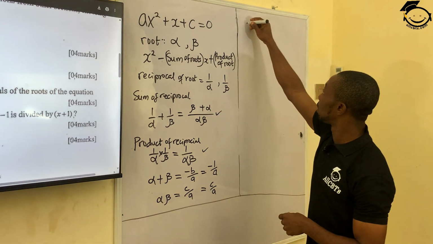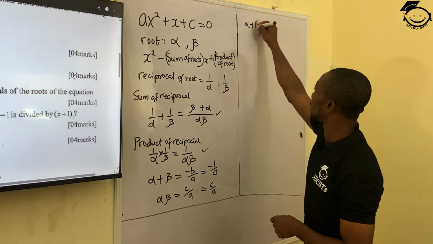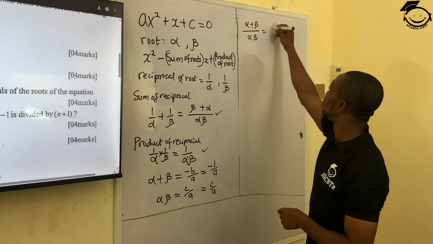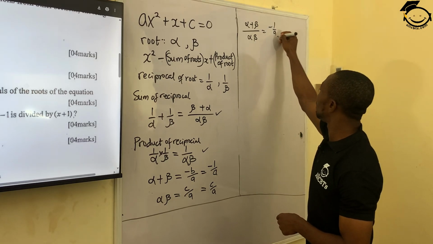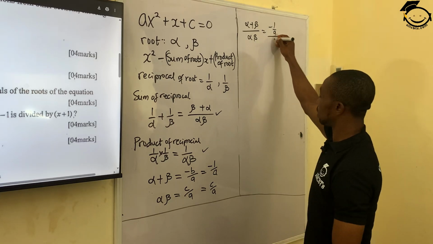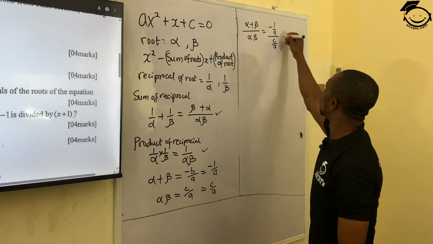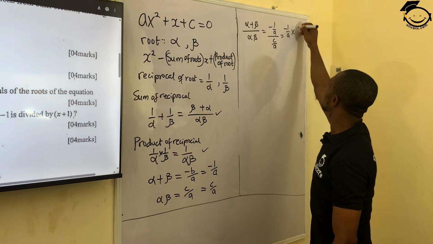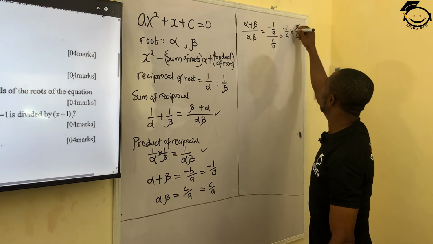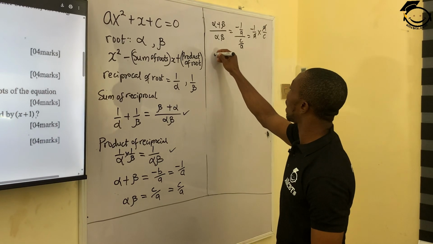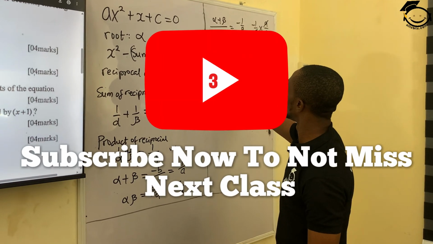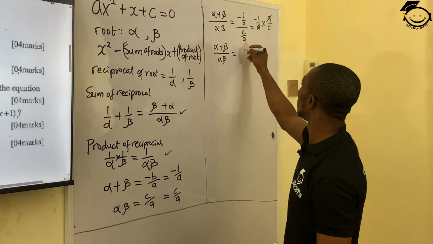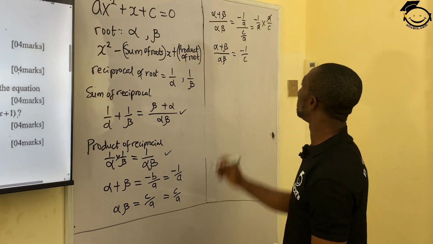our alpha plus beta all over alpha beta will give us minus 1 over a divided by c over a, which in turn will become minus 1 over a times a over c. This will cancel out. So our alpha plus beta over alpha beta will give us minus 1 over c.